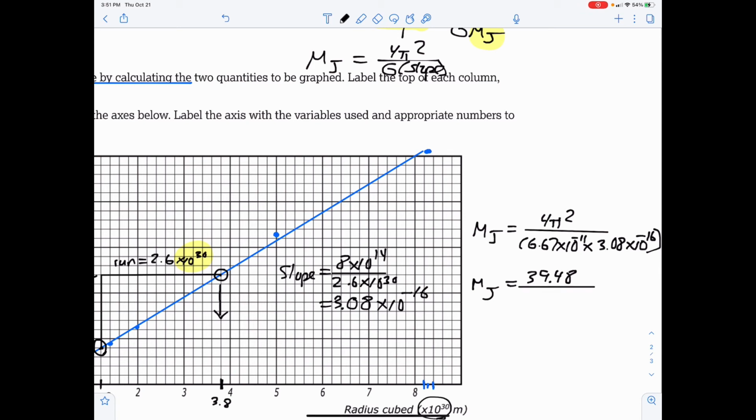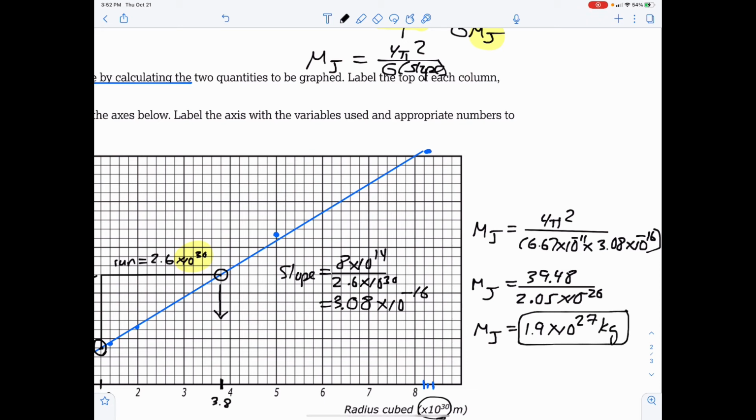And we have 6.67 times 10 to the negative 11 times 3.08 times 10 to the negative 16. We have a really super small number here of 2.05 times 10 to the negative 26. Okay, and divide those two numbers and we'll have the approximate mass of Jupiter. So 39.48 divided by that answer, we're looking at about 1.9 times 10 to the 27 kilograms.